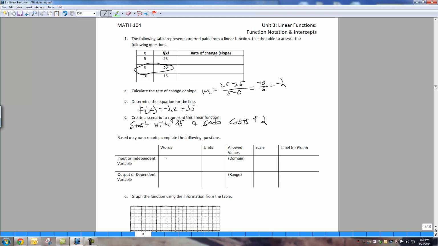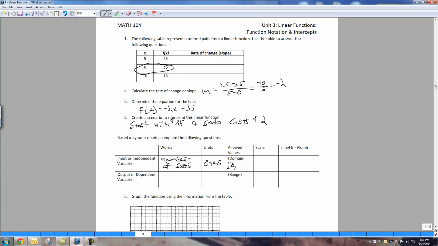So now the input variable is my input. My x value represents the number of sodas. My units are going to be ones, right, per soda. My domain is going to go from 0 till how many sodas can I buy? I can only buy 17, because if I buy 17, 17 times 2 is 34.